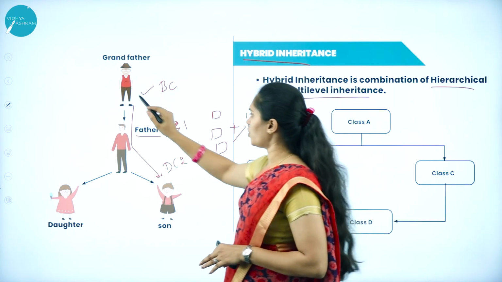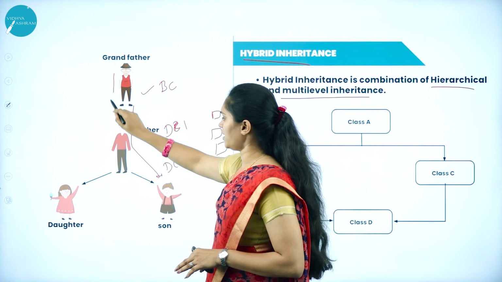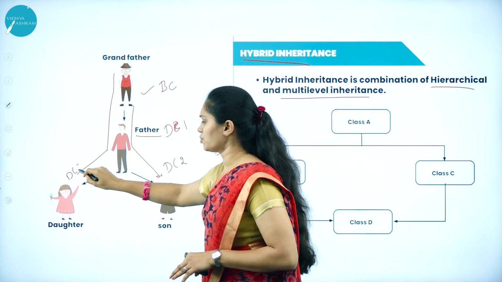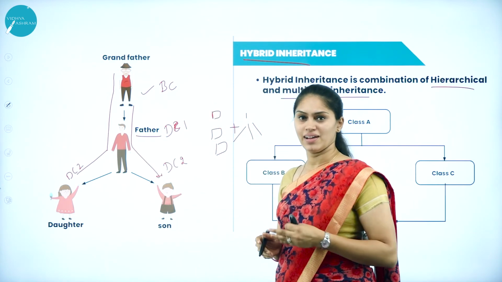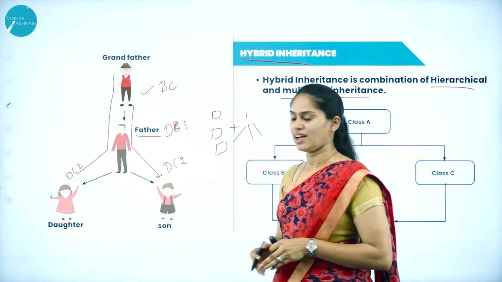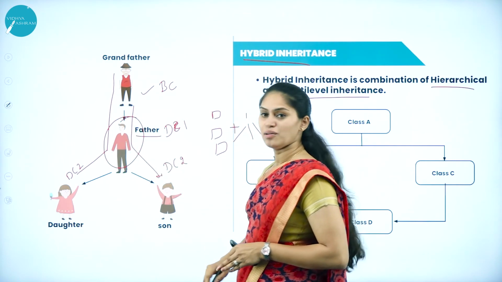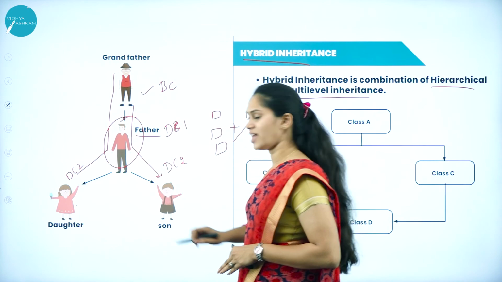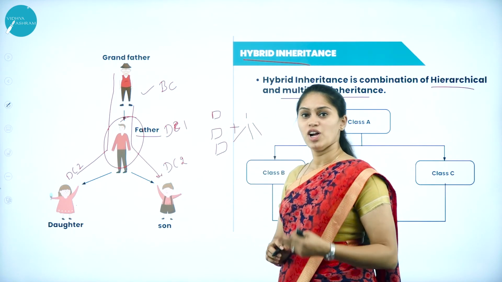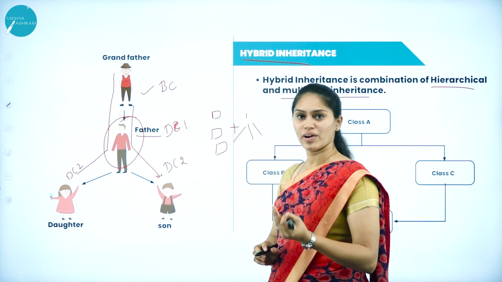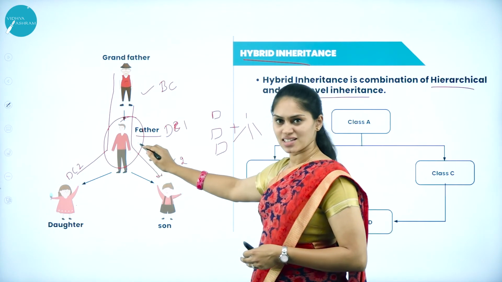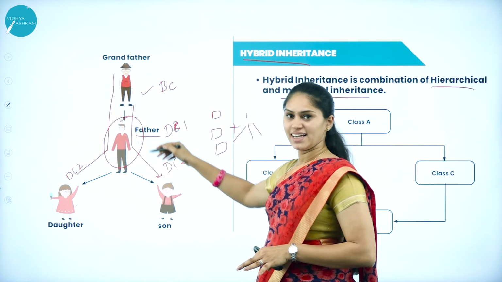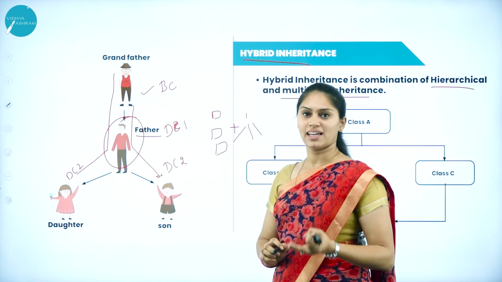Or else if I go in this way, this becomes base class 1, this becomes derived class 1, and this becomes derived class 2. It is multi-level. Then what is hierarchical? I have only one base class, but with the help of that single base class, I am going to create more than one derived class, or more than one derived class can acquire the features of a single base class. So it will be a combination of multi-level as well as hierarchical.